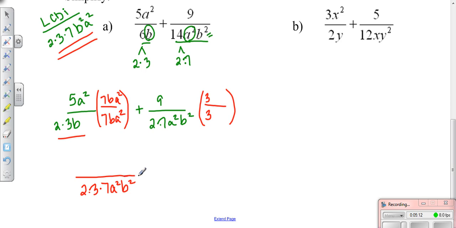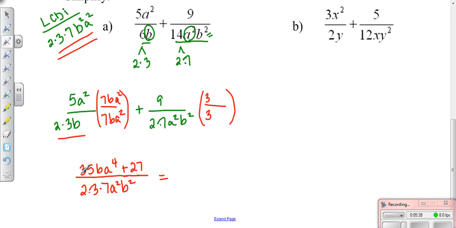because remember, after we do this, we're going to see if we can combine like terms and do any factoring and simplifying. So I have 5 times 7 makes 35. A squared times a squared is a to the 4th, and b. And that's going to be plus 27. Do I have a greatest common factor? Any factors in the numerator?